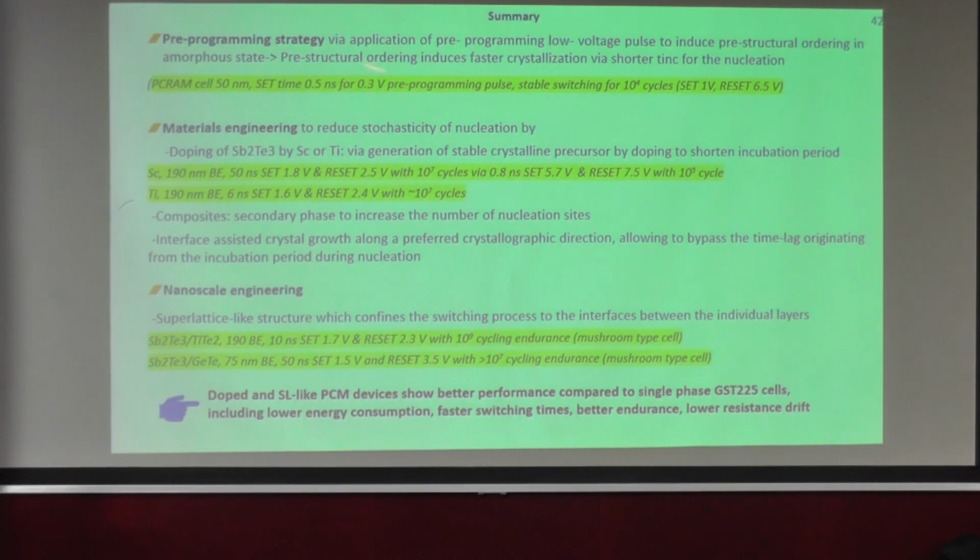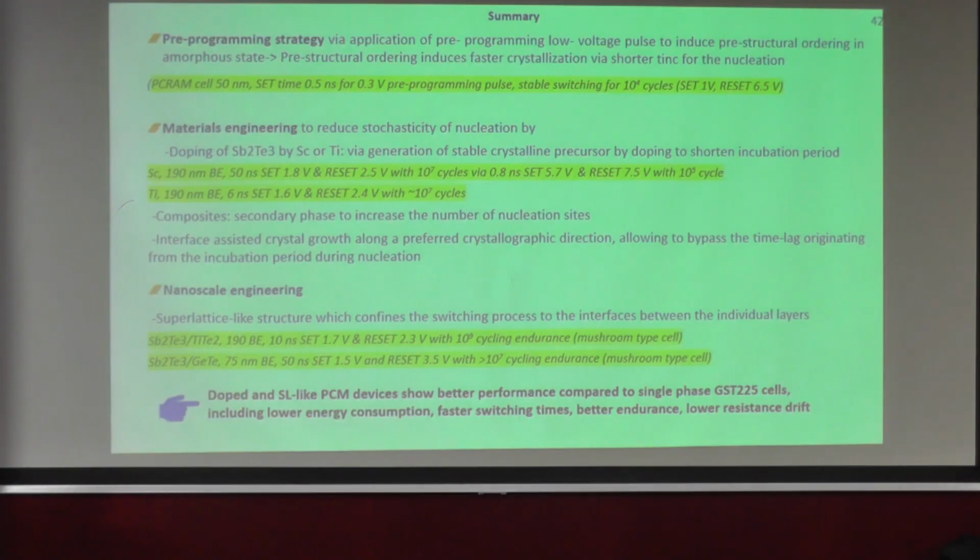This pre-structure induces faster crystallization because of the shorter incubation time required for nucleation. Such PCRAM cells show nice set times of less than 1 nanosecond, like 0.5 nanoseconds, and stable switching up to 10 to the 5 cycles.